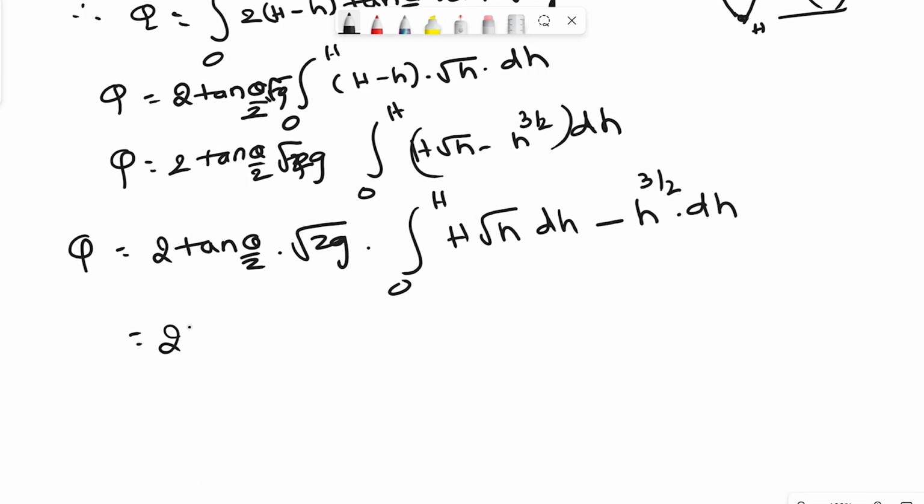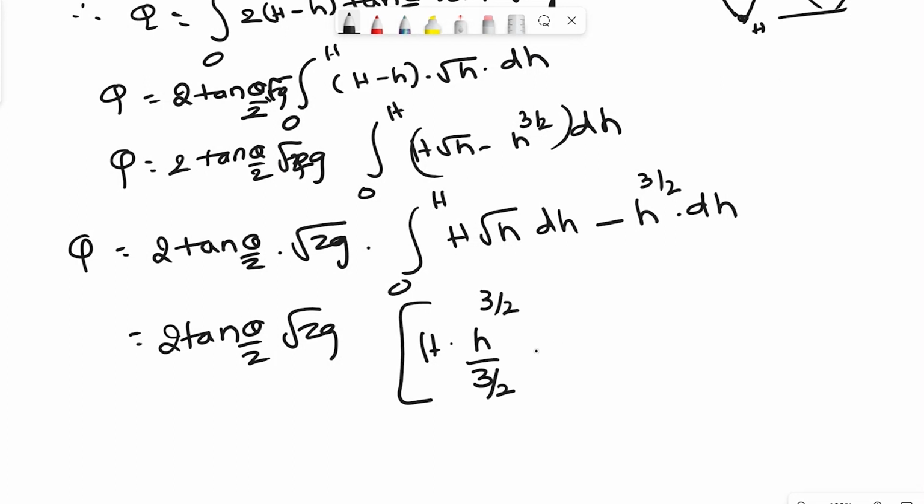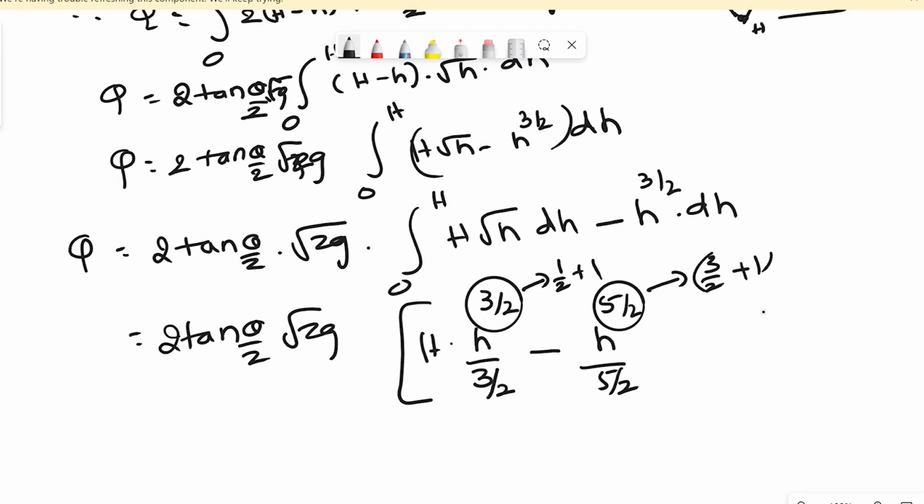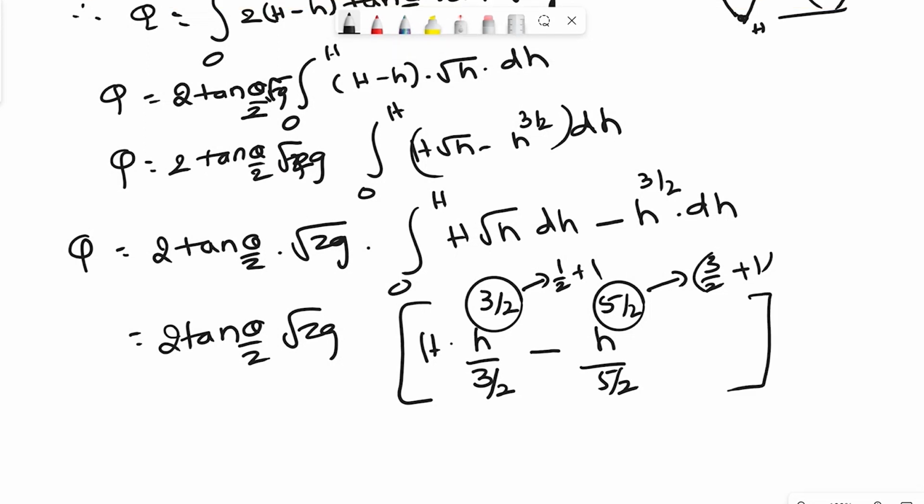That means H into h to the power of 3 by 2 by 3 by 2 minus h to the power of 5 by 2 by 5 by 2, because this 5 by 2 is nothing but 3 by 2 plus 1, and 3 by 2 is basically 1 by 2 plus 1. So this is how it has come. And limits are 0 to H.